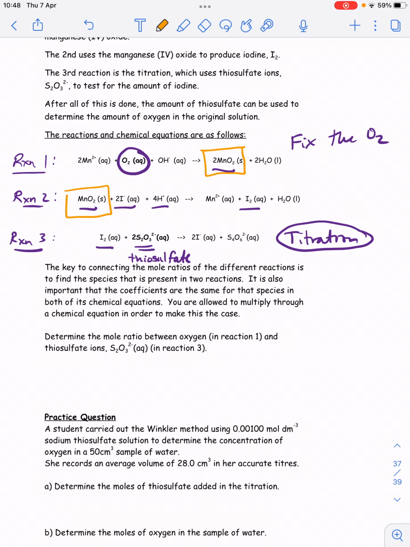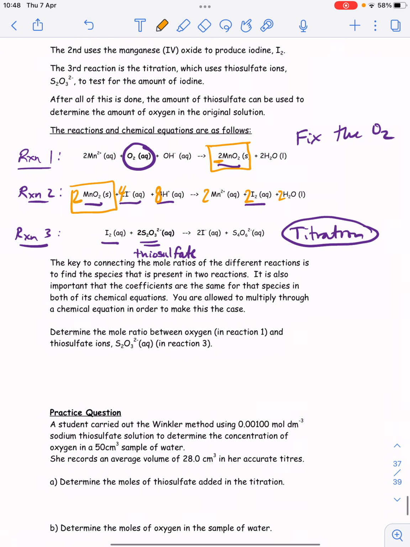You can see that MnO2 is a product of the first reaction, and then we carry it down to reaction number 2, where we use it. The trick here is to make sure that the coefficients are the same in both reactions. In the first reaction, we make 2 MnO2, so I'm going to bring that down and double all the coefficients in this next reaction so that they're consistent throughout both reactions. So 2 and 2. This H2O was supposed to have a 2 originally, so now I'm going to make that a 4. That was a typo on my part.